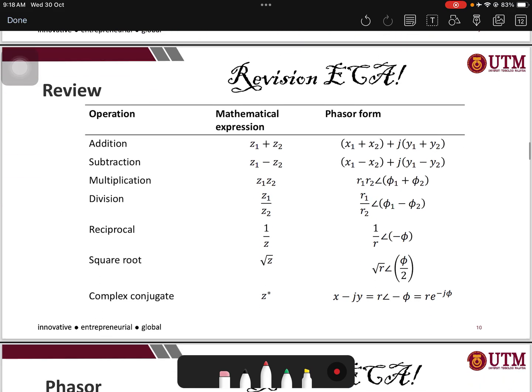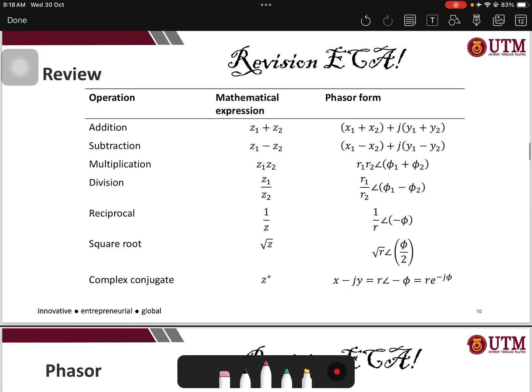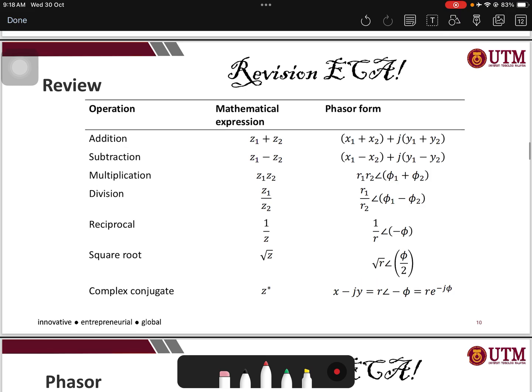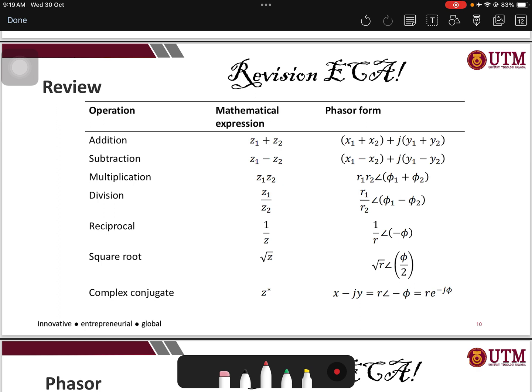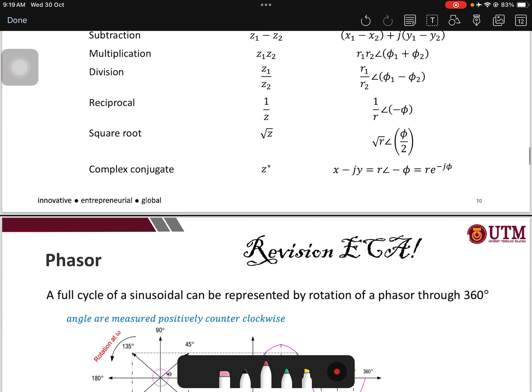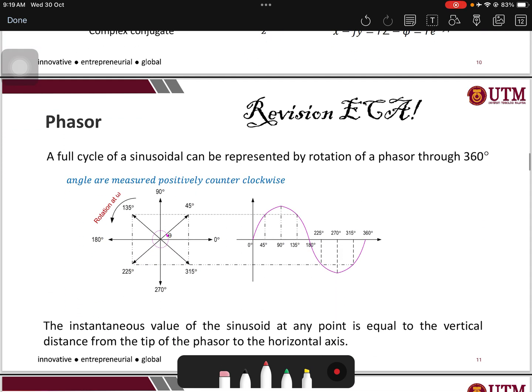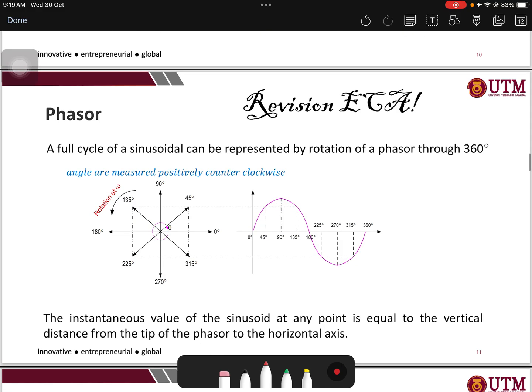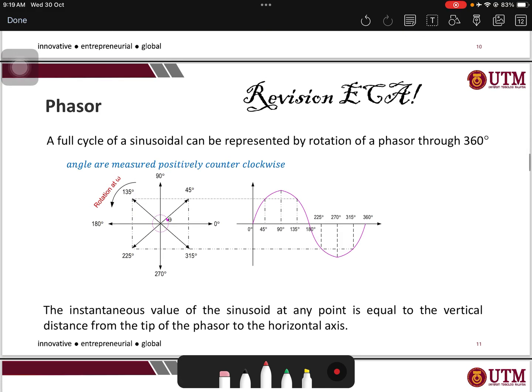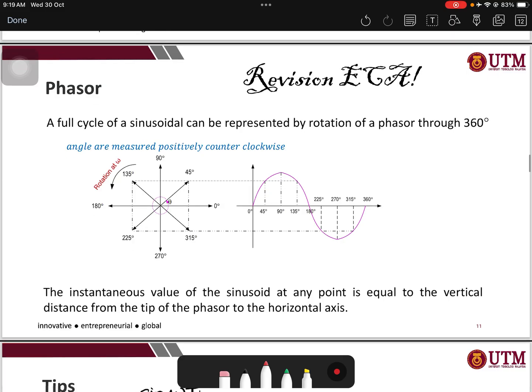So this is the review, how to do the addition and the subtraction, also several operations of the complex, the mathematical expression, and also the phasor form. For the phasor, a full cycle of the sinusoid can be represented by the rotation of the phasor through 360 degrees.